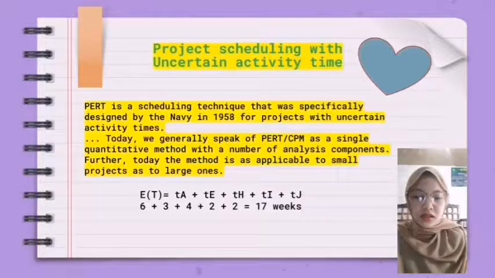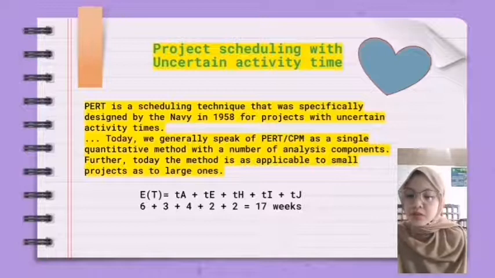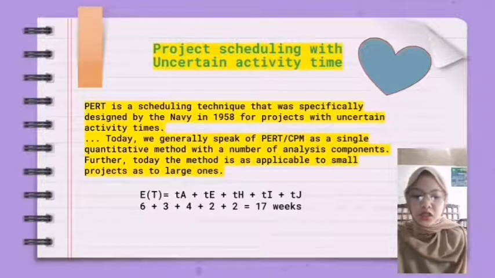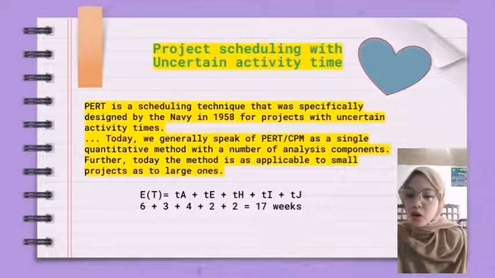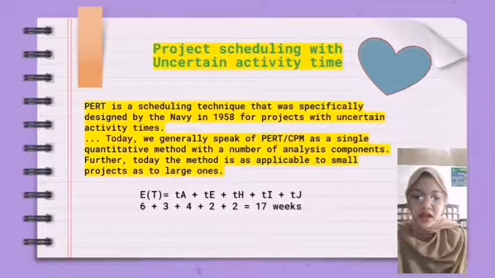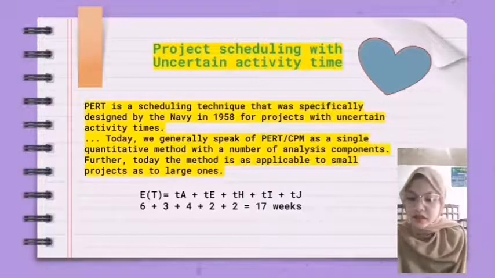When uncertain activity times exist, longer than expected completion time for one or more non-critical activities may cause an original non-critical activity to become critical, and hence increase the time required to complete the project.